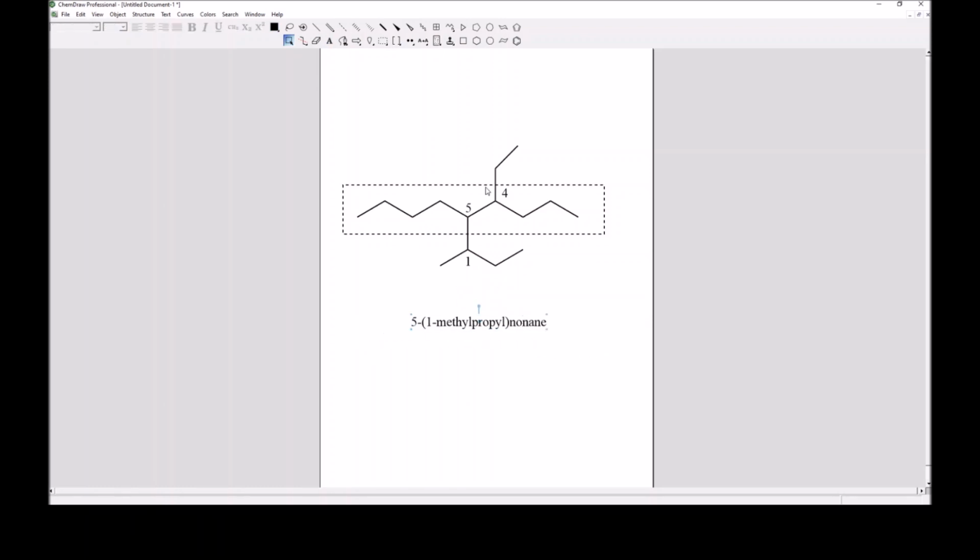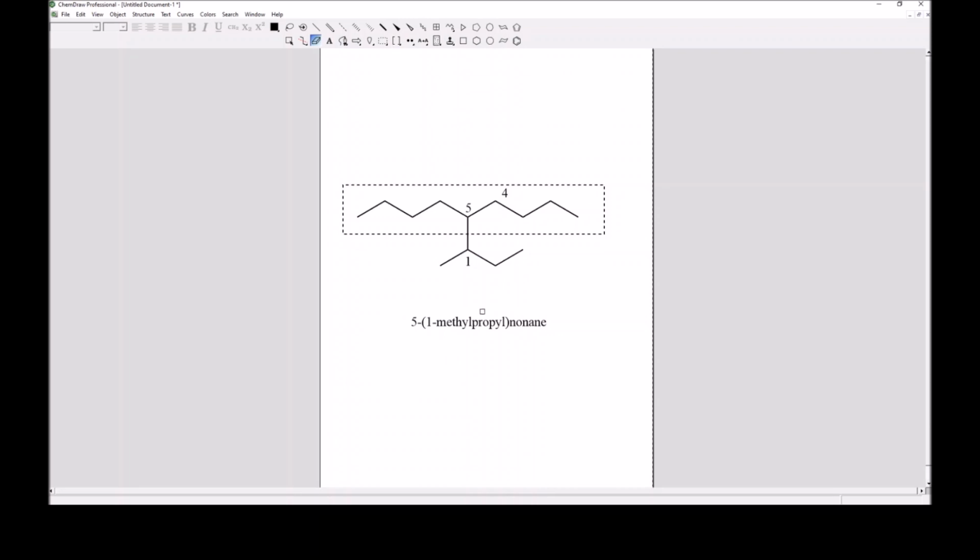Now, I'm not done yet because I haven't dealt with what's going on at the 4 position, but what I've shown you is the basics of how you would do this. So let's just cut this 4 position off right here. And now this is the correct name for this compound right here. At the 5 position, the parentheses tell me that I have something, and that something is complicated. It's called a branched substituent.